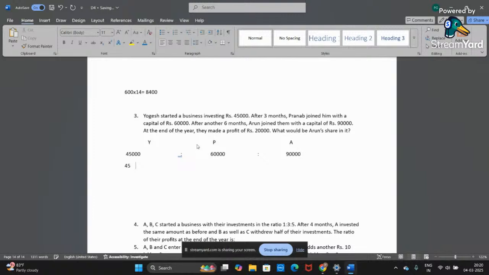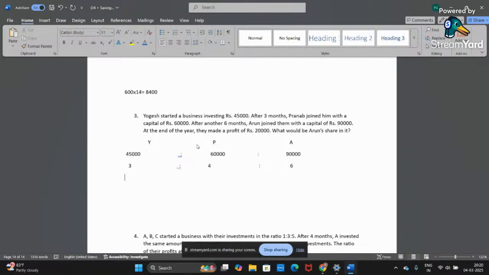By further simplifying, I'll write the ratio form directly: 3, 15 threes are 45, and 15 fours are 60, and 15 sixes are 90, right? So the 0 will get cancelled. Fine. Now here Yogesh has completed the full 1 year. So what we have to do? 3 into 12.